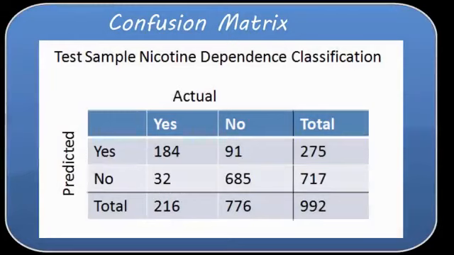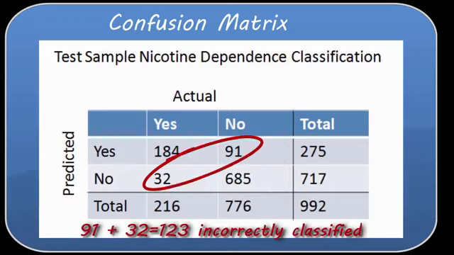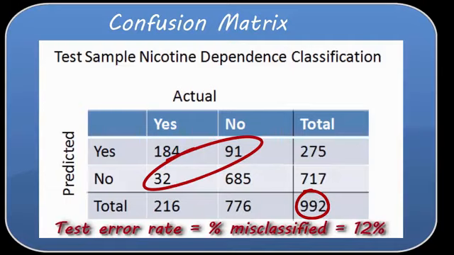A model with low prediction error will have a high percentage of correctly classified observations and a low percentage of misclassified observations. In this example, the training data statistical model incorrectly classified a total of 123 of the 992 observations in the test sample, meaning that the statistical model misclassified 12% of the observations in the test dataset.